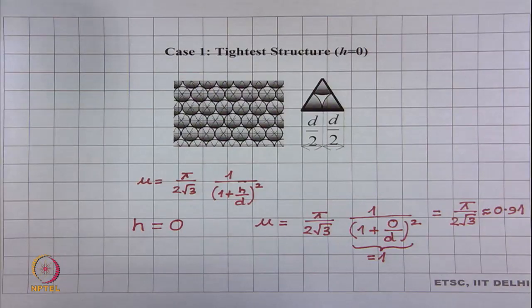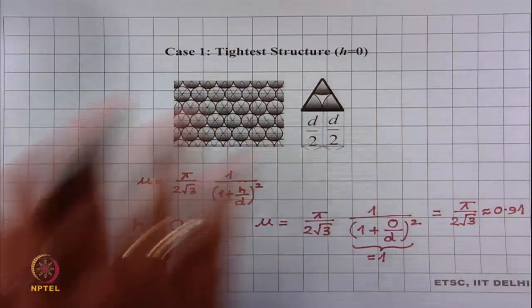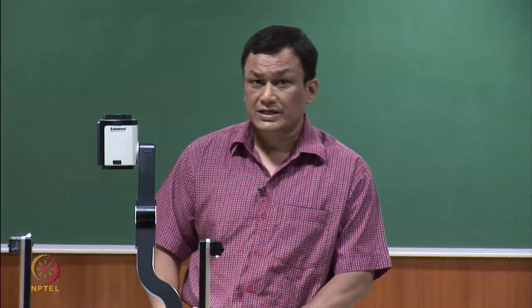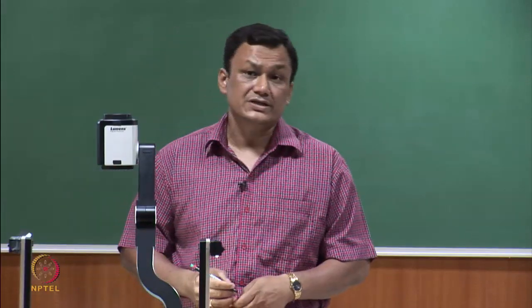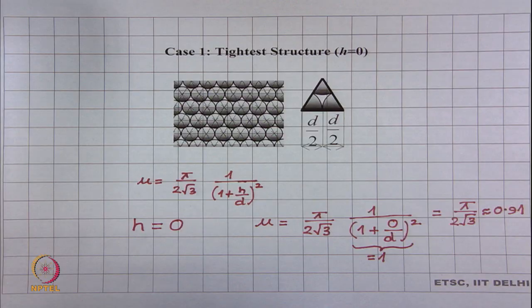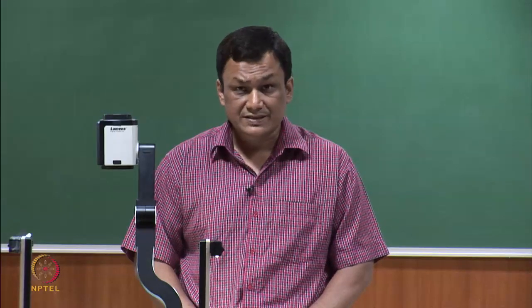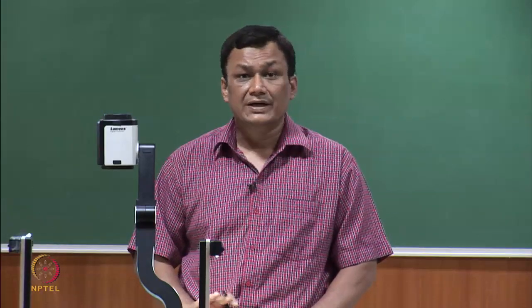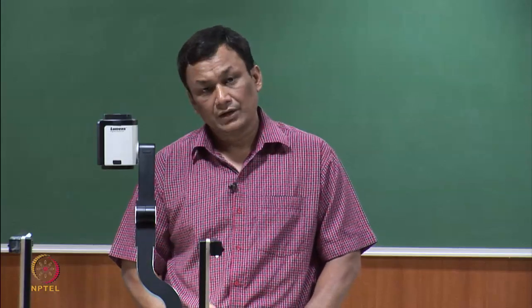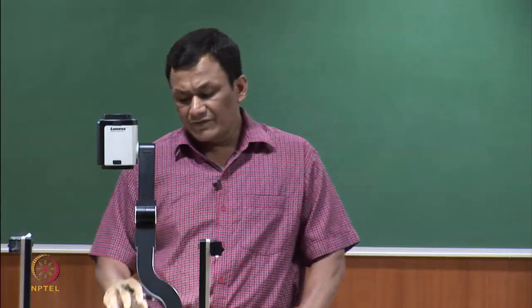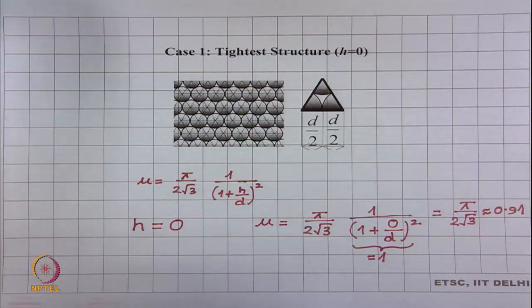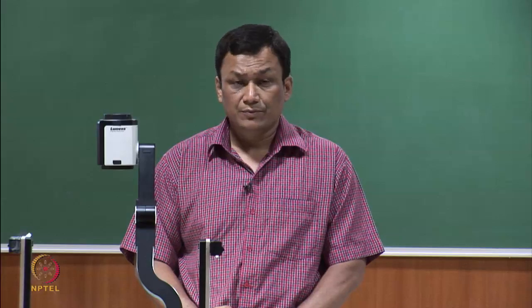So, what we infer is that in case of tightest structure, according to hexagonal fiber packing arrangement, the packing density is equal to 0.91. That means, 91% of the volume or 91% of the area is occupied by fibers, the rest 9% is occupied by air only. Now, what will be the behavior of this structure? No doubt, this structure will be mechanically very strong, but the structure is less porous.